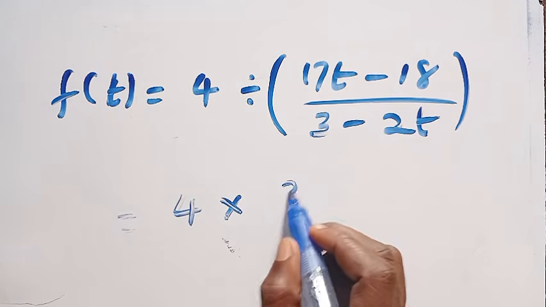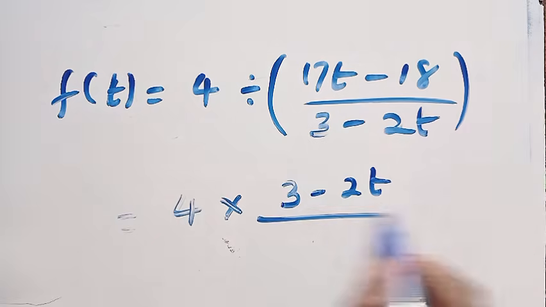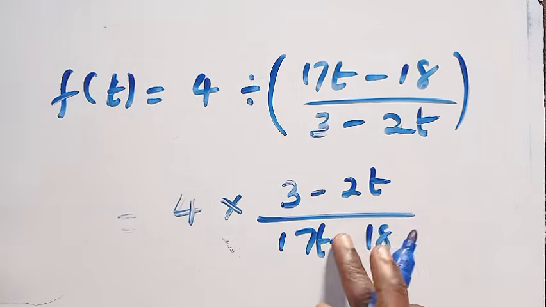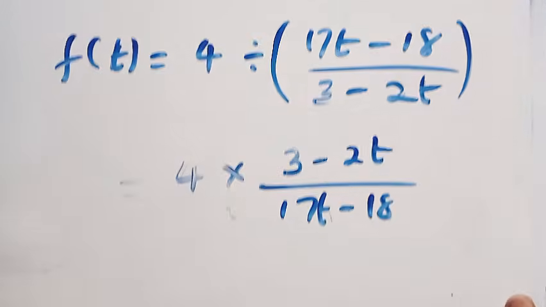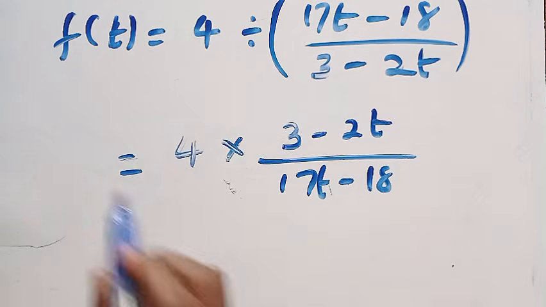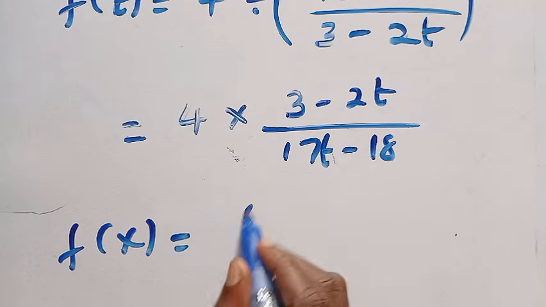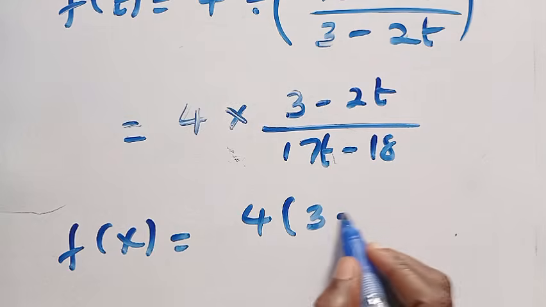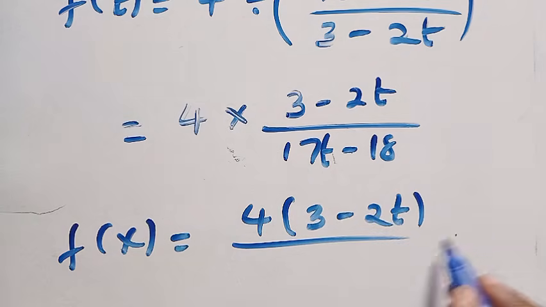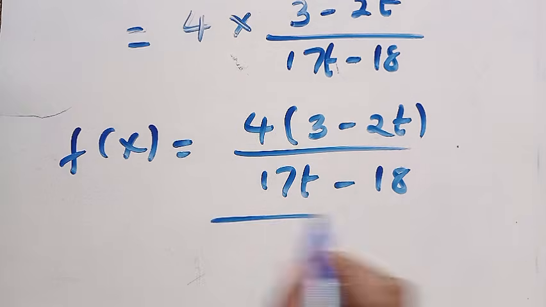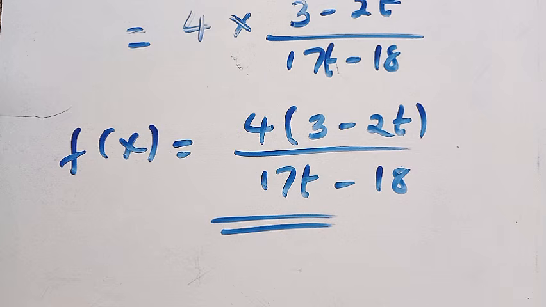We multiply by 3 minus 2t divided by 17t minus 18. When we replace every single t with x, we have f of x equals 4 into bracket of 3 minus 2x divided by 17x minus 18. So this is what we have for f of x, where x is not equal to 18 divided by 17.